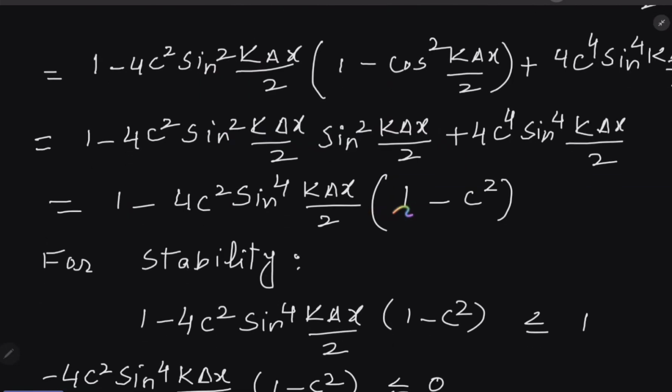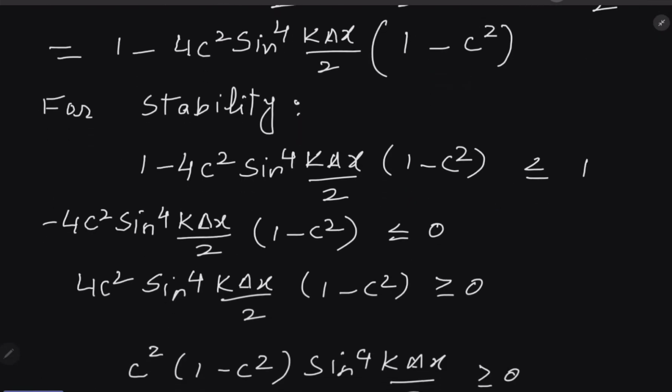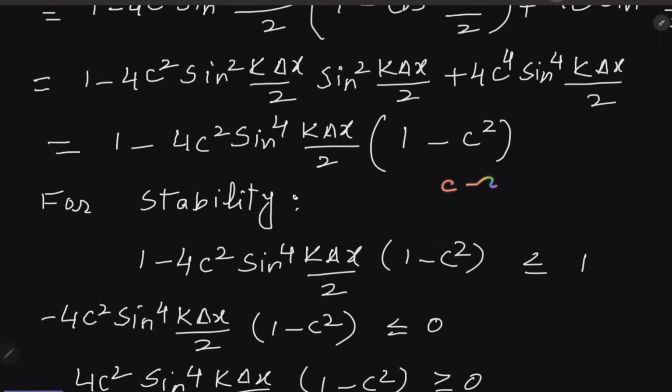And then we have 1 minus c square. And remember that c is the Courant number, which is u bar delta t by delta x. And remember that we are applying stability analysis on the advection equation, which is partial u by partial t plus a partial u by partial x is equal to 0.